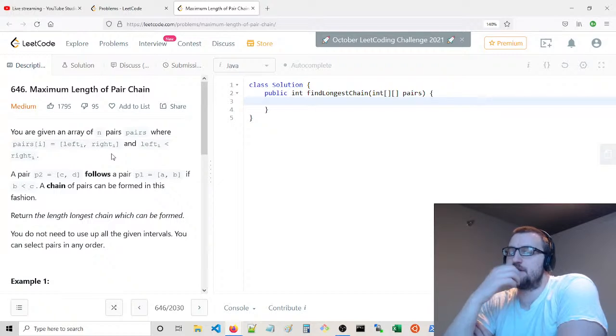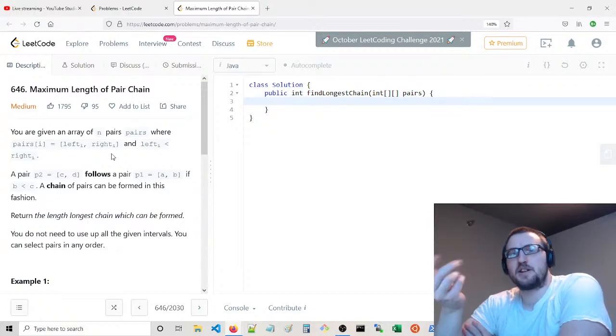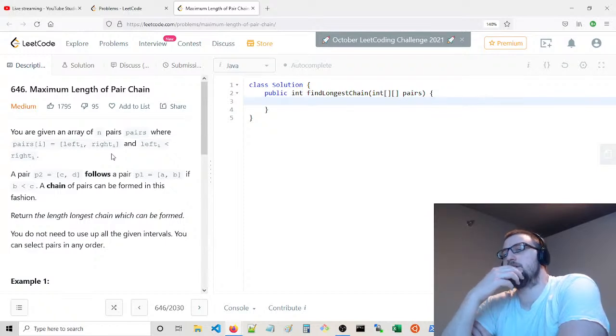Oh, that's interesting. So you can update that array each time with the next interval you're considering, and if you can improve the next spot with a better rightmost value, then you should, right?